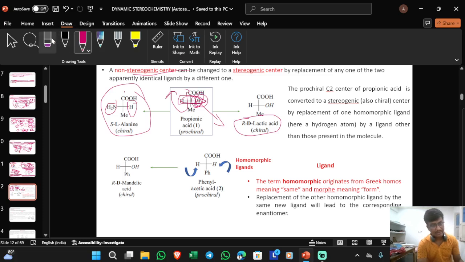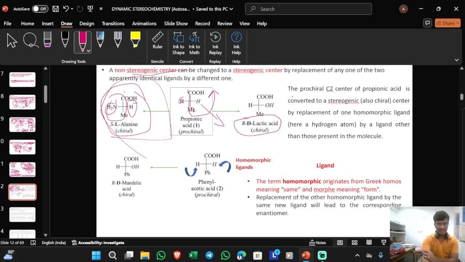Then the same type of hydrogen is vanished now, then calculate numbering one, two and three, these are S. Then when the hydrogen is vanished, these are S.